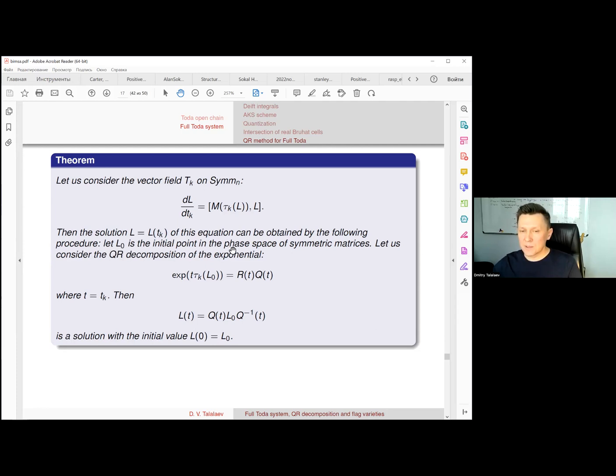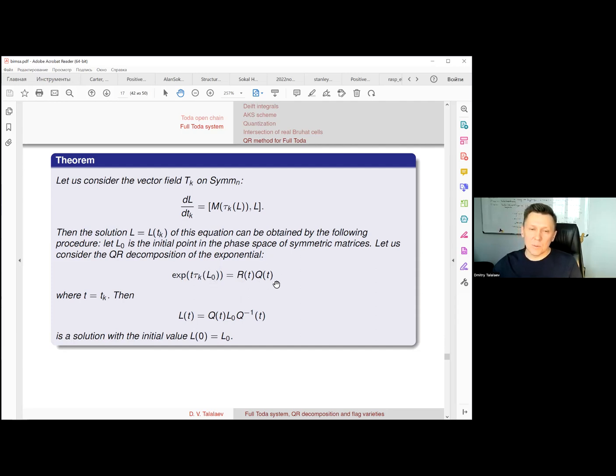The solution of the system of this equation can be obtained by the following procedure. Let L0 be the initial point in the space of symmetric matrices. Let us consider the QR decomposition of the exponential, where in this exponential we get this nonlinear matrix operation applied to the initial value of the Lax operator.